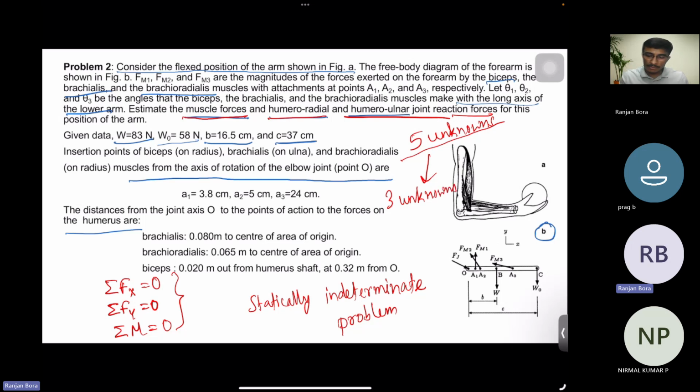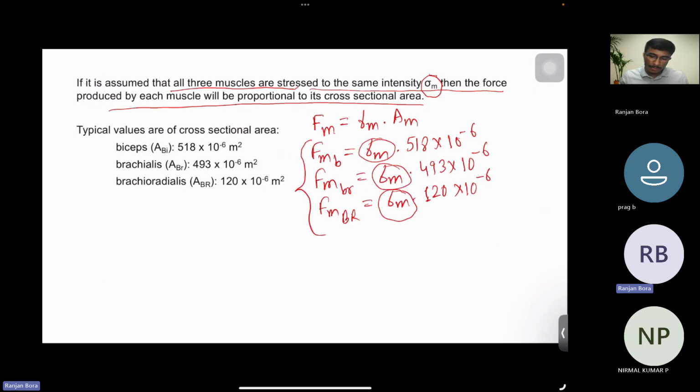Now we can solve this problem using this additional information. First we need to estimate the muscle forces. There are 3 steps to solve this problem.